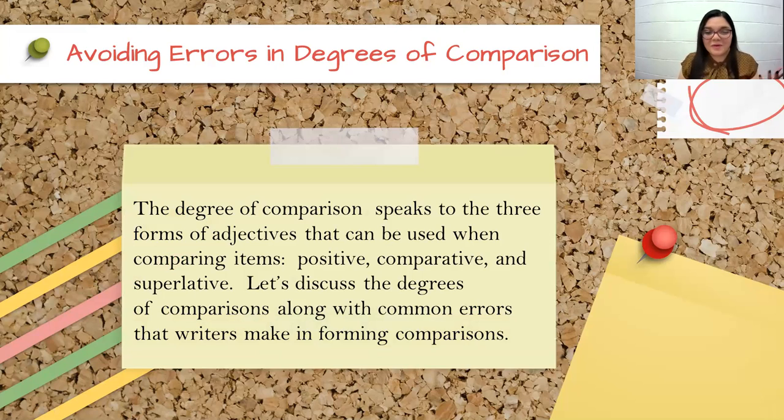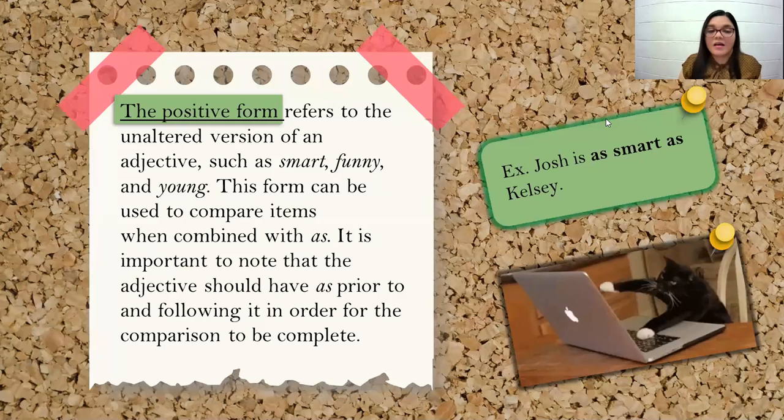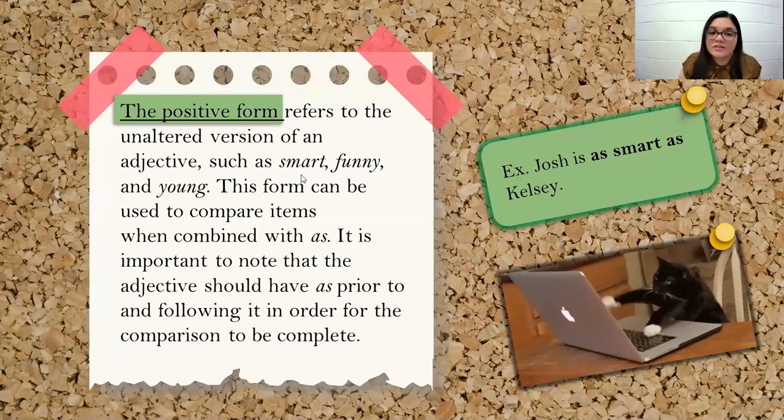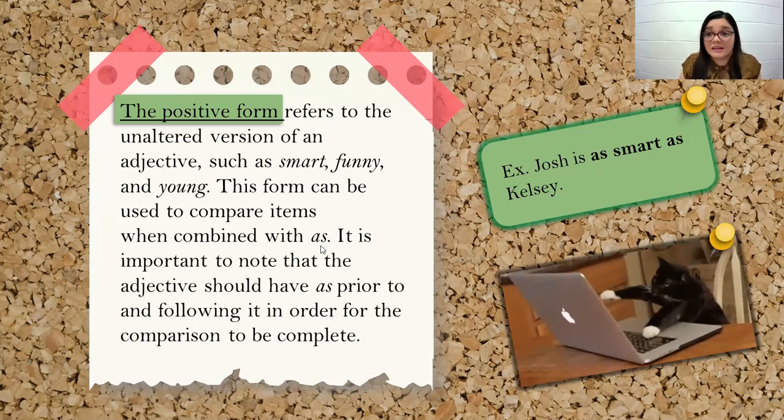along with the most common errors that writers make in forming these comparisons. So these formations that we have result in a mistake. The positive form refers to the unaltered version of an adjective, such as smart, funny, and young. This form can be used to compare items when combined with as.